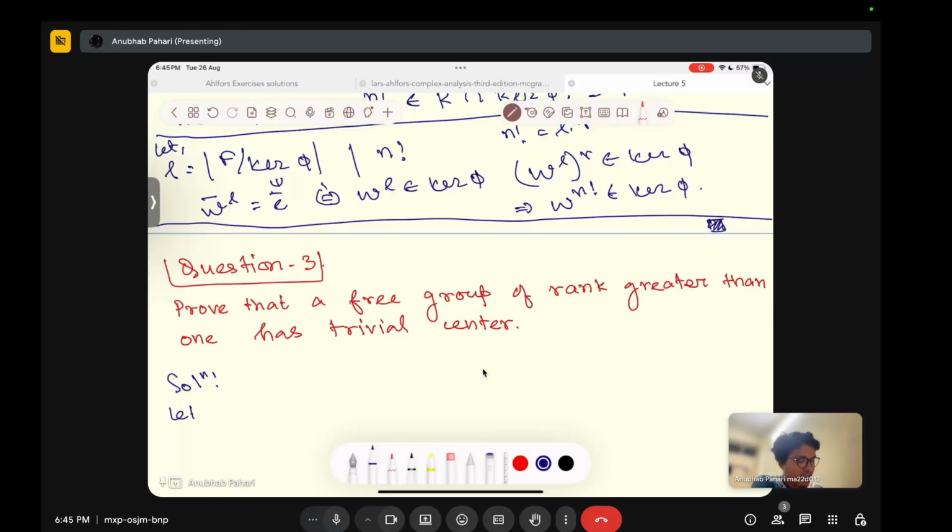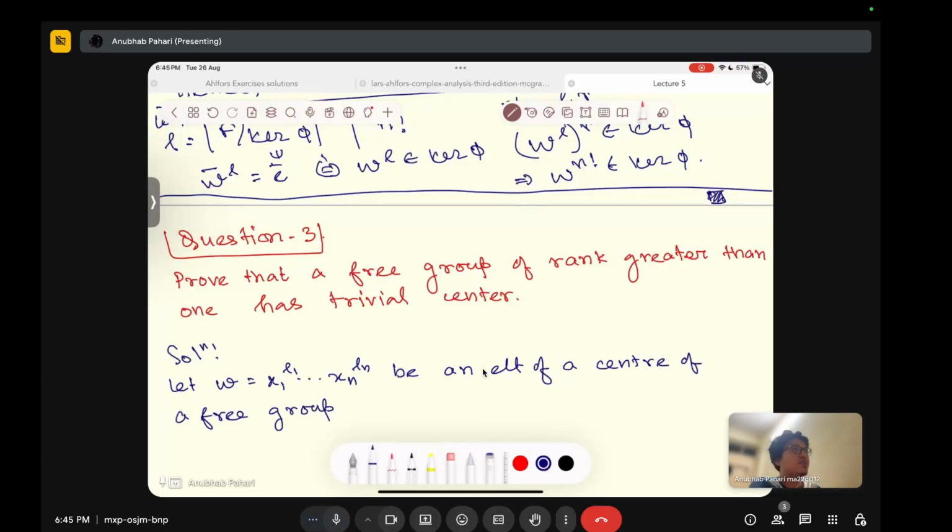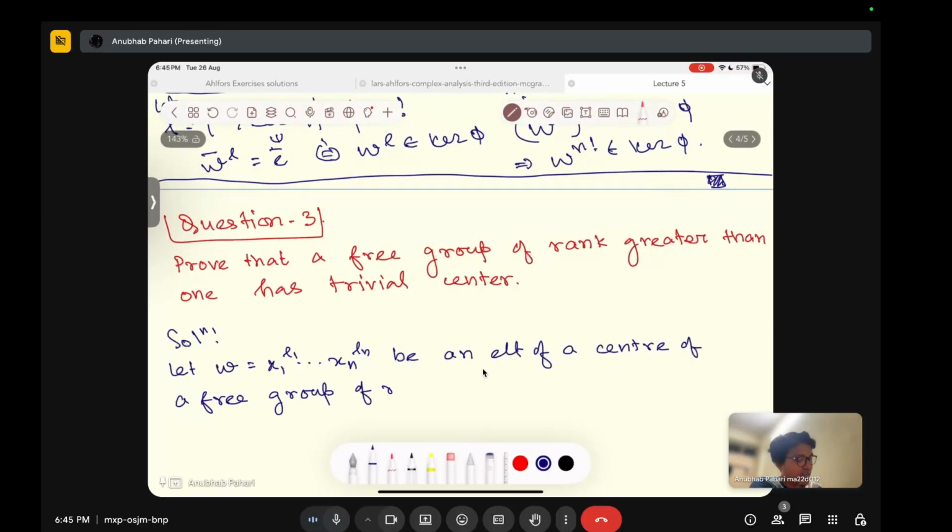Let small w be x1 to the power l1 to xn to the power ln, be an element of the center of a free group of rank greater than 1.